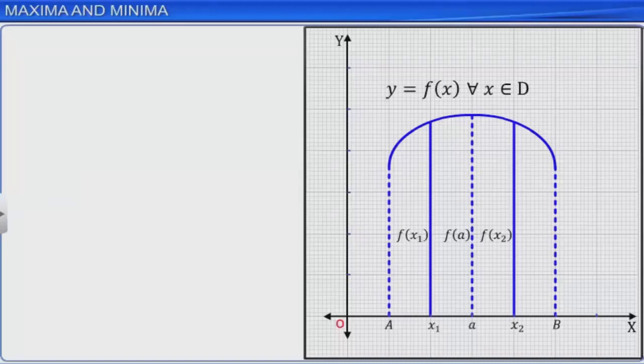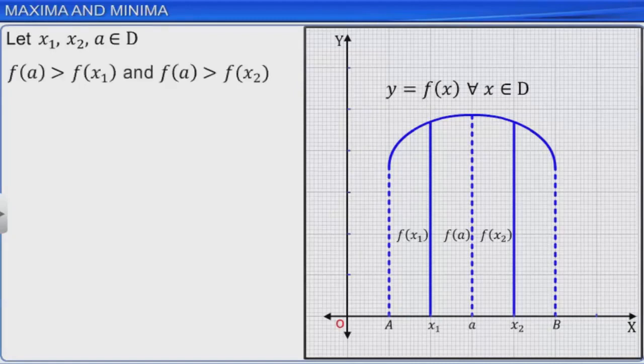Consider the graph of the function y is equal to f of x with domain D, a subset of real numbers. It is clear that the value of the function f at a point A is the maximum.